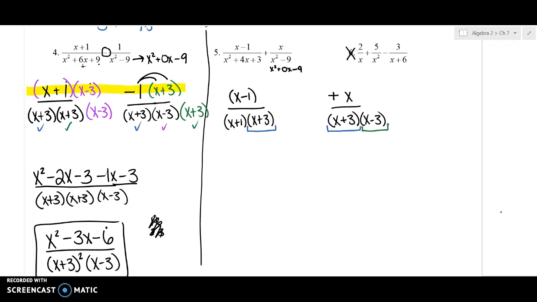I need an x minus 3 in my first denominator. And don't forget, when you multiply the bottom by something, you have to multiply the top by something. Now it should be pretty obvious that your denominators don't match because one of them has 3 things, the other has 2 things. So our first denominator has this x plus 1. Our other denominator needs an x plus 1.